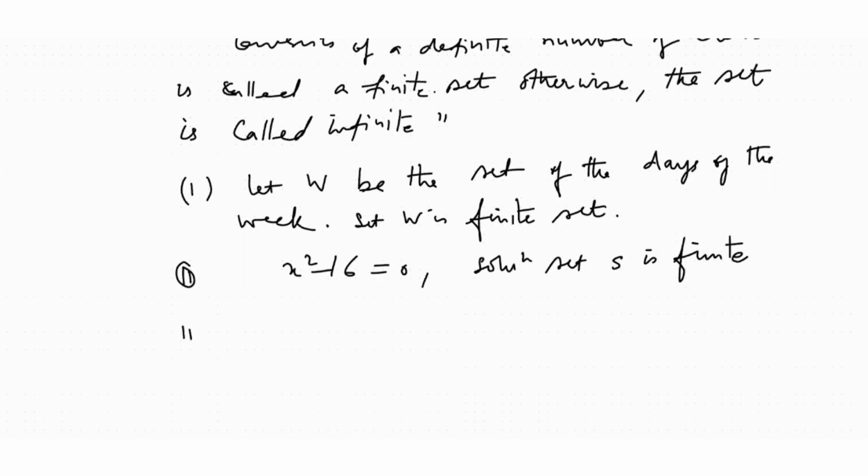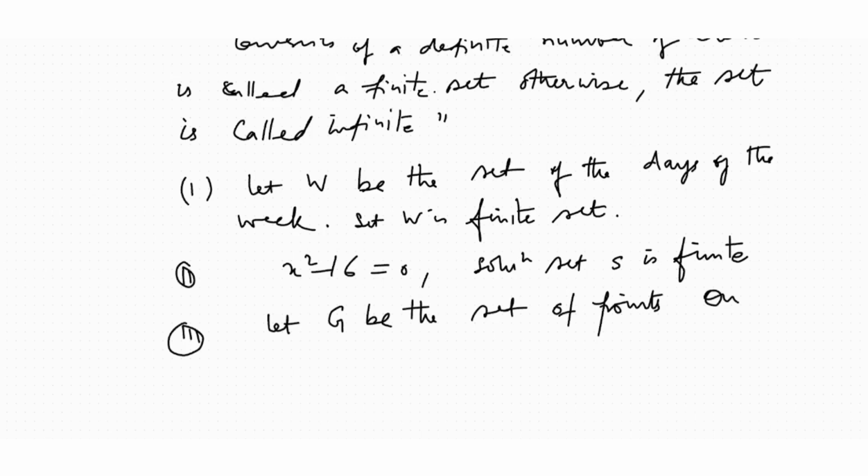Let there be yet another set, say G be the set of points on a line. So what do we see? There can be an infinite number of points on a line.